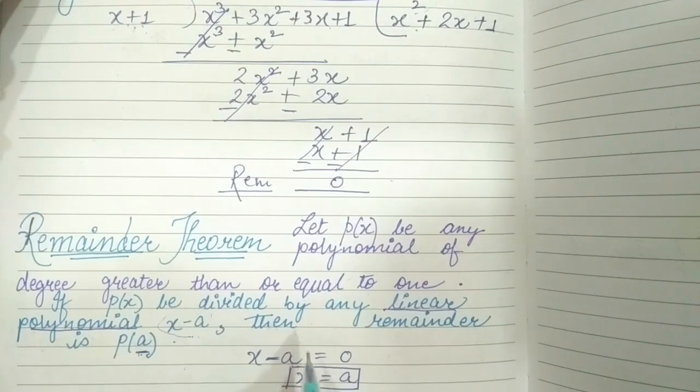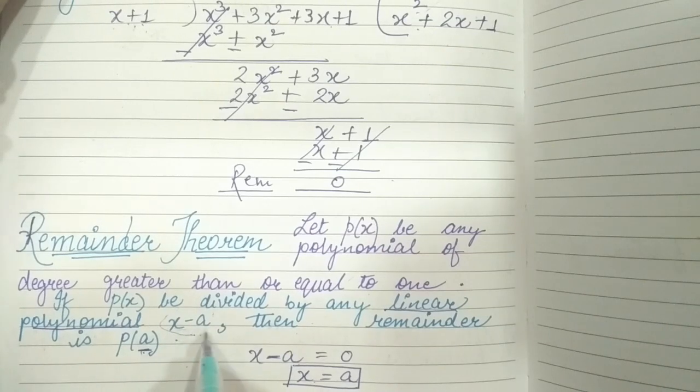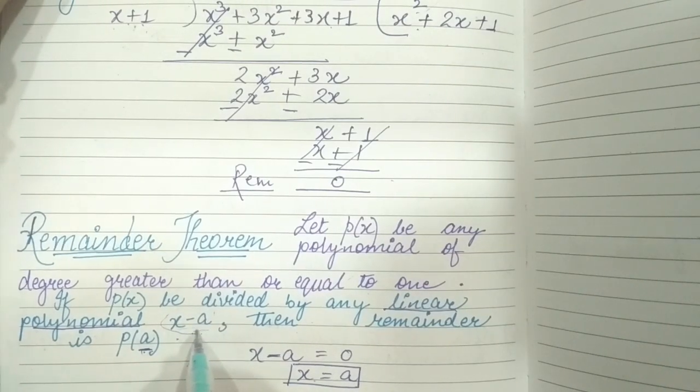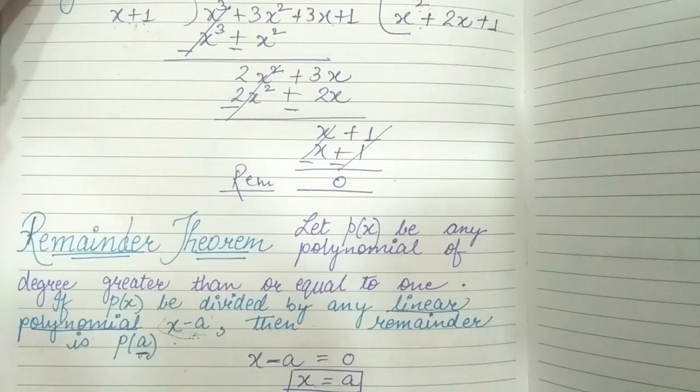Next, that zero, the value of x at which the linear polynomial is 0, we are going to put that value in the dividend. Let's see it by an example.